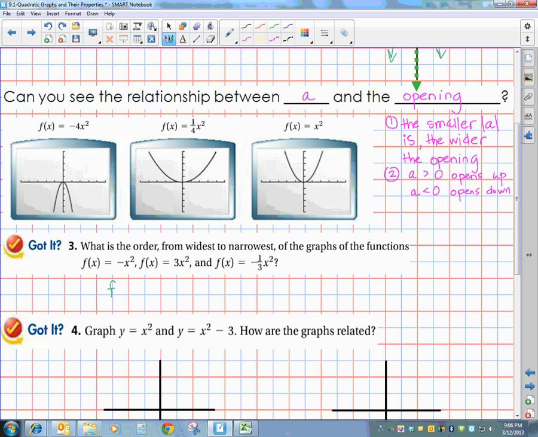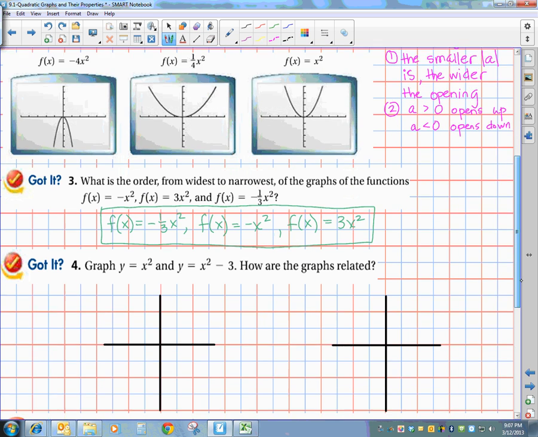Which one's the smallest? 1/3. So we write negative 1/3 x squared. And then the next one is going to be 1, which is the negative x squared. And then the last one will be 3x squared. Because again, all we're doing is looking at the a. We're not looking at whether or not it's positive or negative.